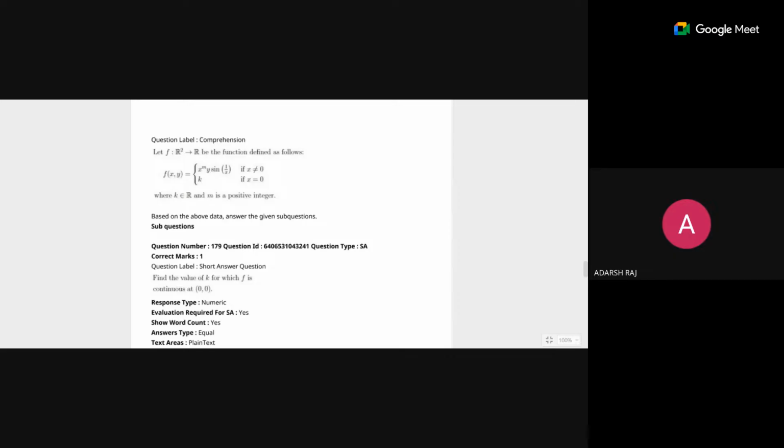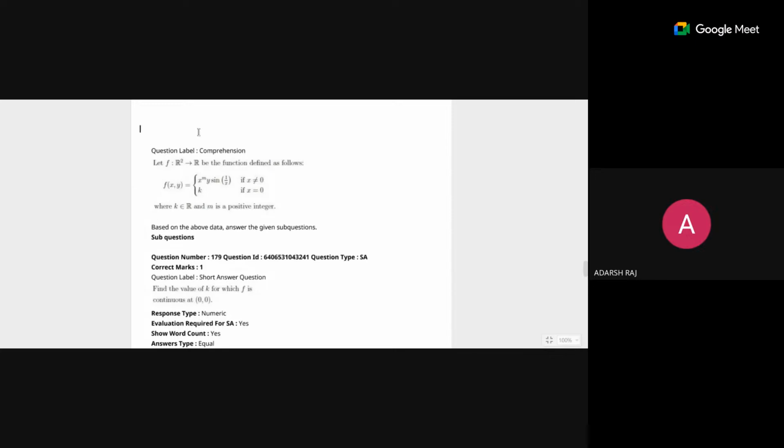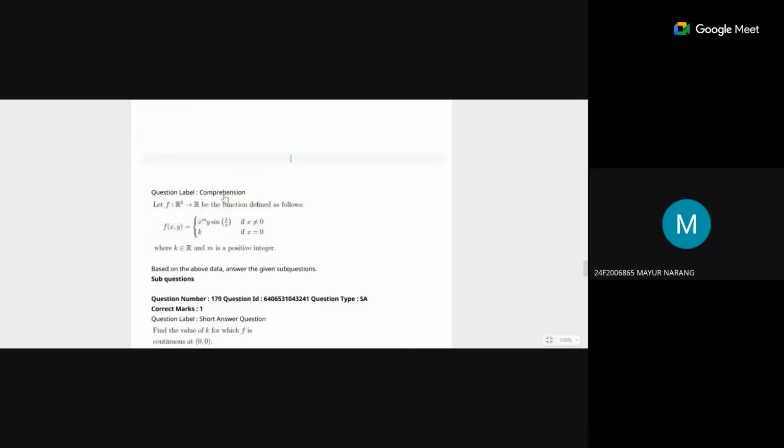So what is the definition of continuity? The limit at (0, 0) is equal to f at (0, 0), right?